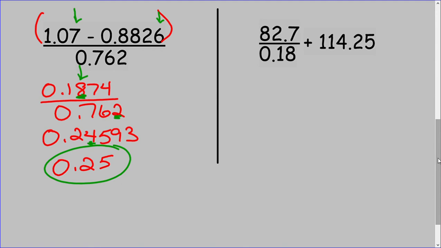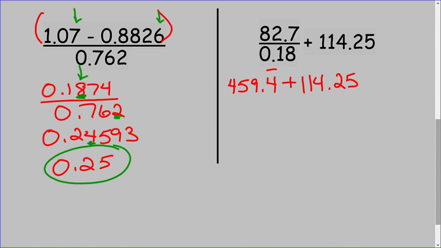The next one, 82.7 and 0.18. So do the division step first. 82.7 divided by 0.18, I'm going to get 459.4 repeating. And then we're going to add that to what we originally had, 114.25.